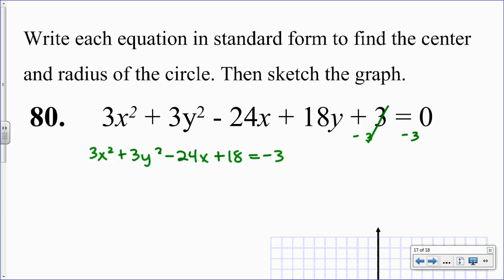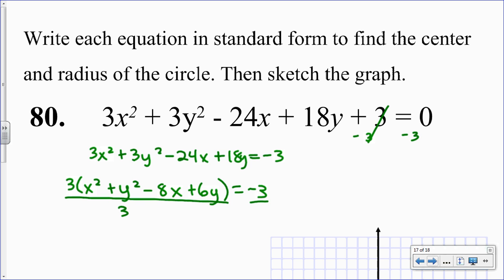So I'm going to factor out a 3, and luckily 3 goes into everything here, so I'm not going to have to deal with any fractions. Then divide both sides by 3. And then that 3 just cancels out.